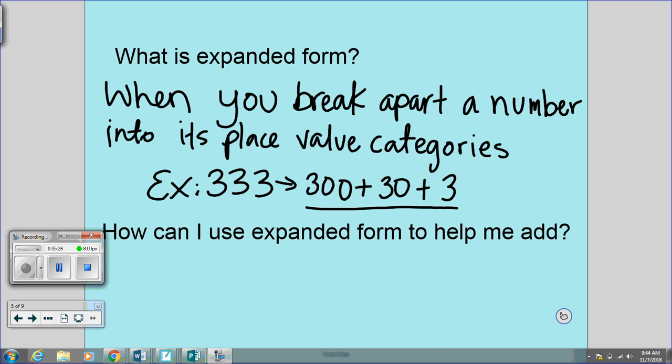All right, so the question that we're going to be working with today is how can I use expanded form to help me add? And the other side. How can I use expanded form to help me add?